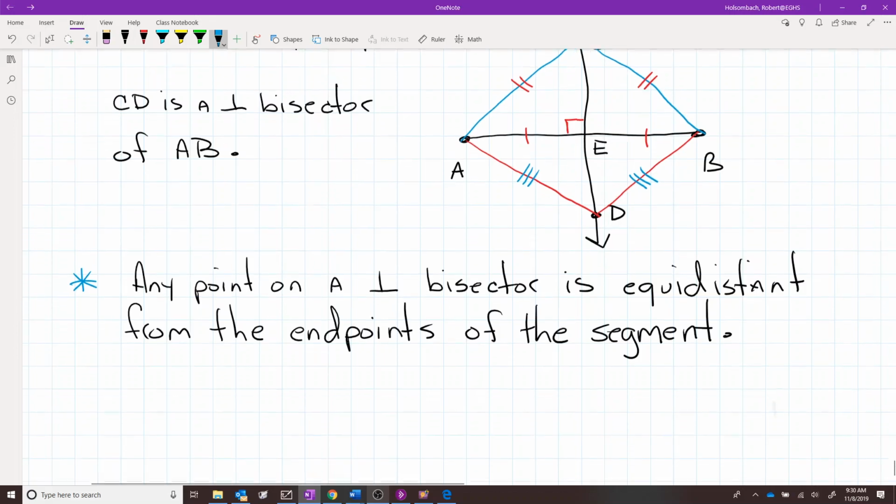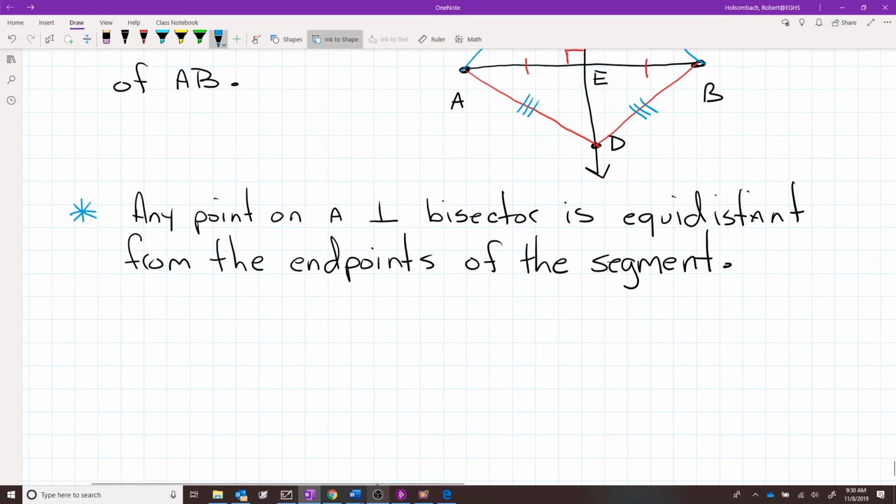The converse of this last statement is something that you have to understand.